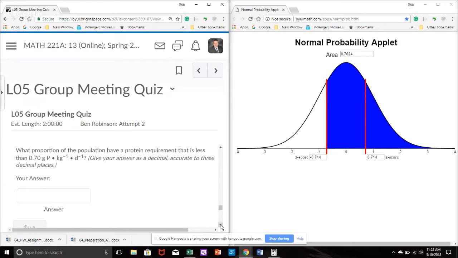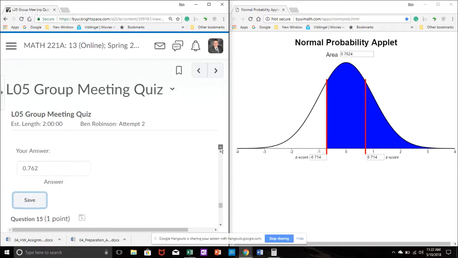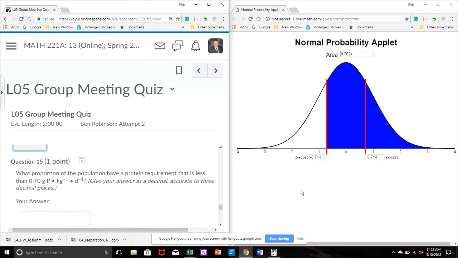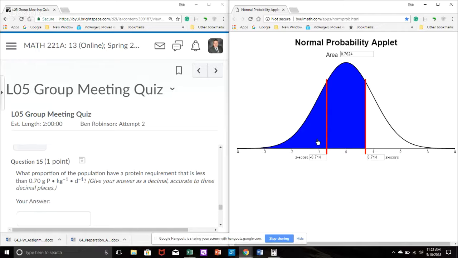What proportion of the population have a protein requirement that is less than 0.7? Well, that's easy. This is the same z-score, and it's less than 0.7.